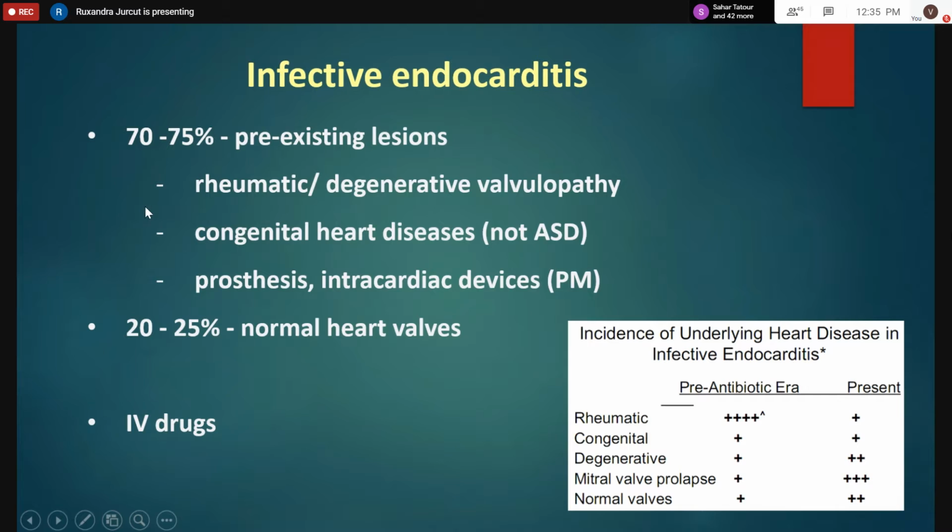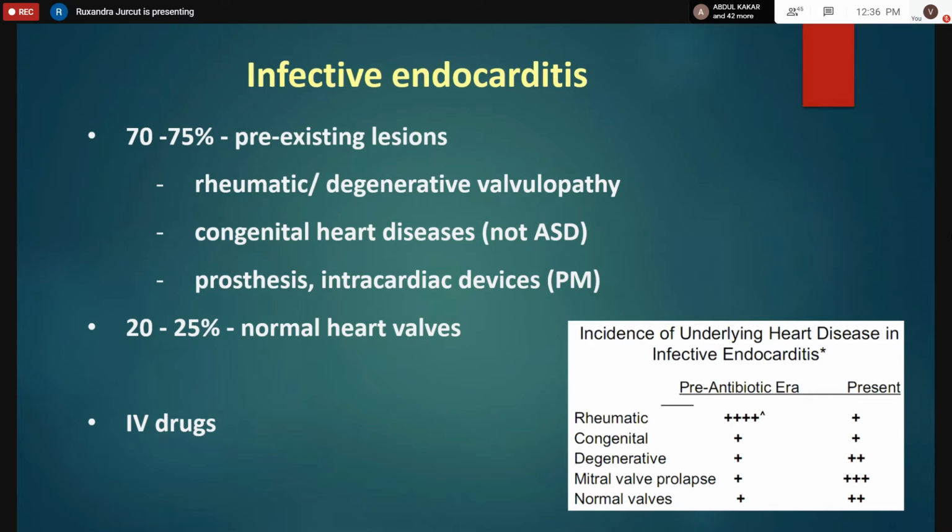In about three quarters of the cases of infective endocarditis, it appears when there was already a valvulopathy, a valvular heart disease. It can be mitral regurgitation, aortic stenosis, or tricuspid or pulmonary problems. As I said, it can be congenital heart disease, mainly ventricular septal defect.